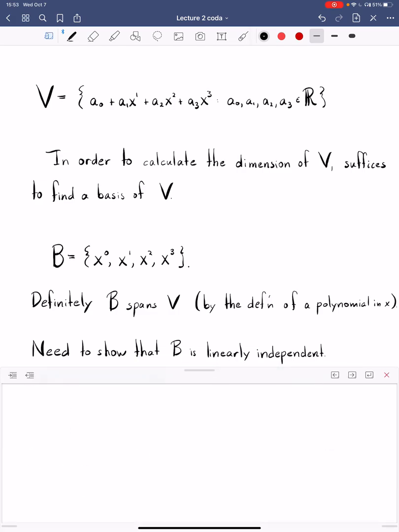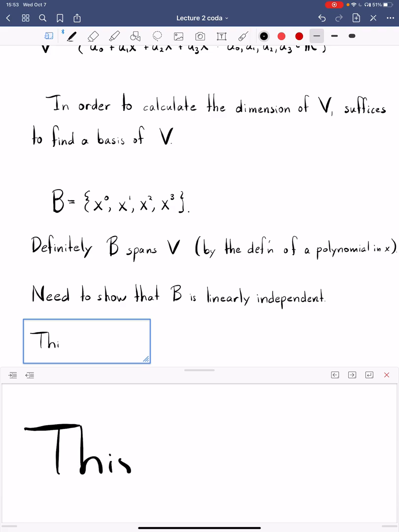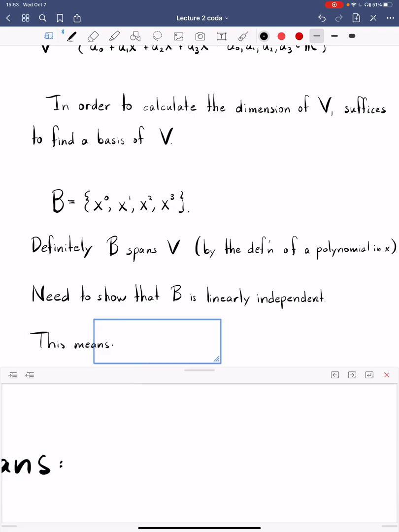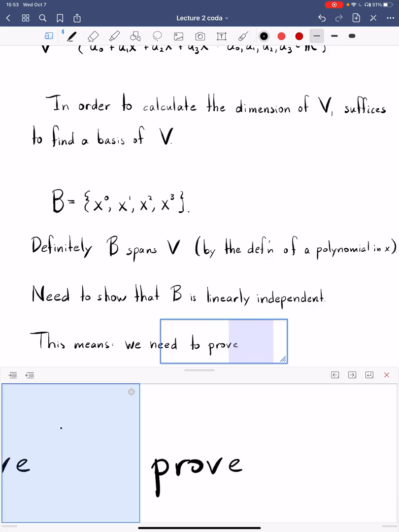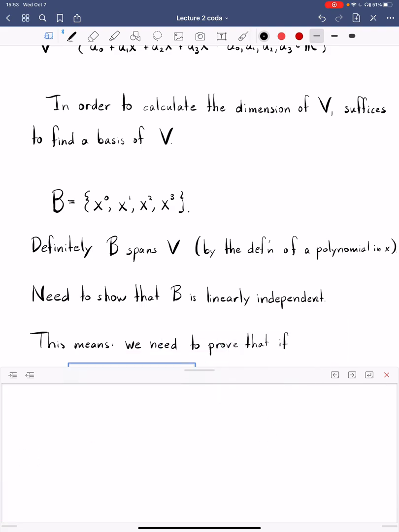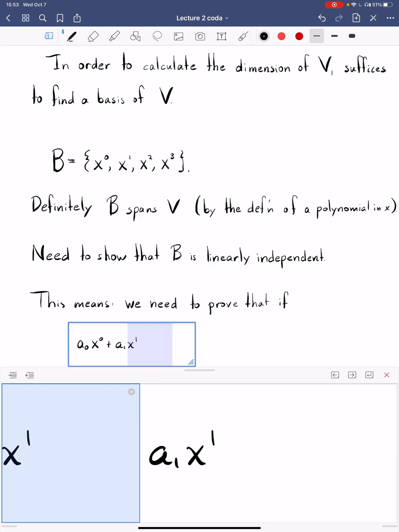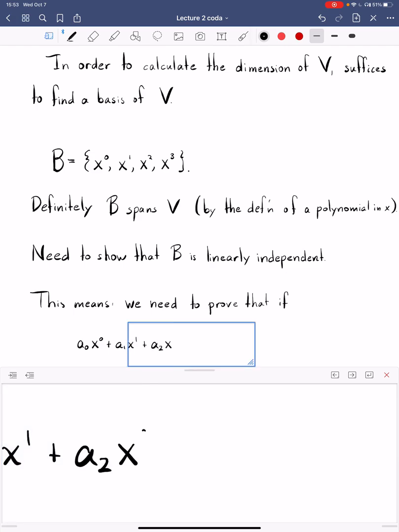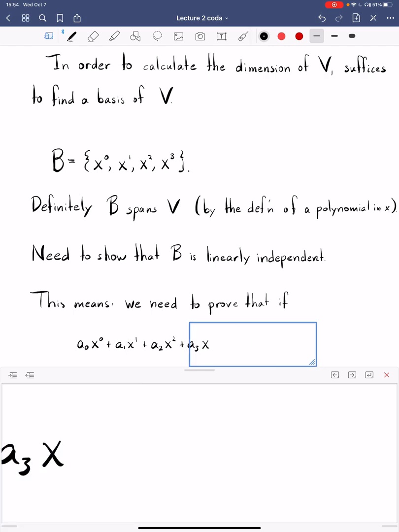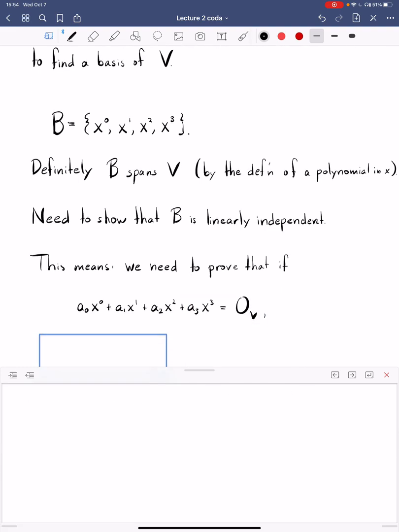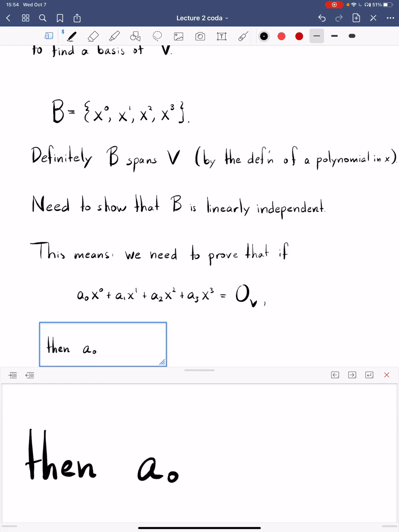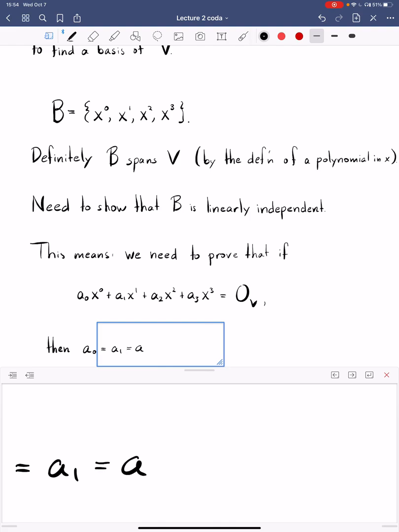This means we need to prove that if a0 times x to the 0 plus a1 times x to the 1 plus a2 times x squared plus a3 times x cubed is equal to the 0 vector in my vector space V, then all these numbers, all these coefficients, these scalars, are equal to the number 0.